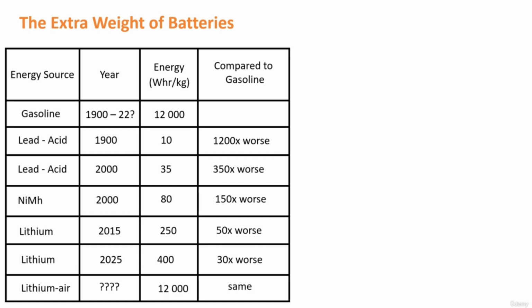Theoretically, lithium-air batteries can even hold more energy than gasoline, but that is very theoretical. So if we take the efficiency of the motor into account, we could have a theoretical situation where the batteries are actually lighter. However, that is only a very long-term perspective.